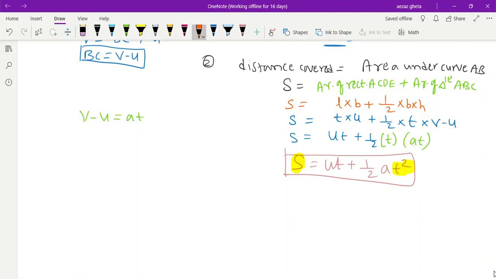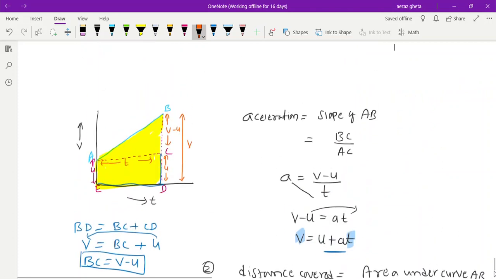And if you want to derive the third formula, it is done the same way. Let's do it. Even that is easy.